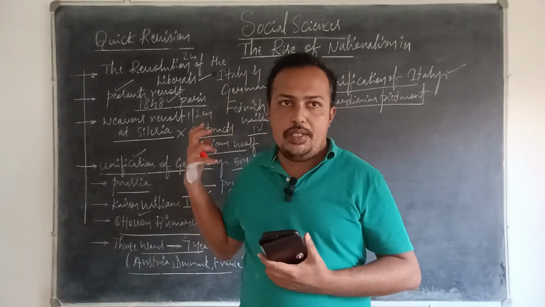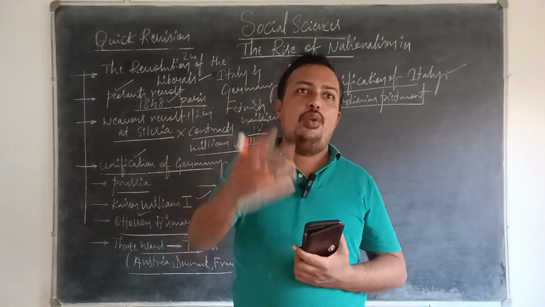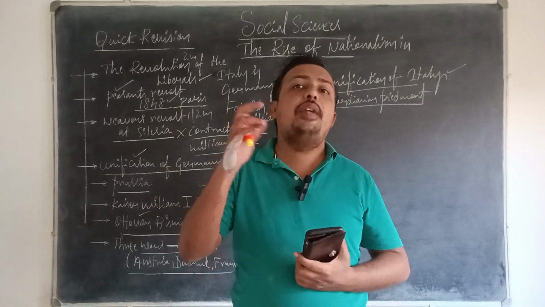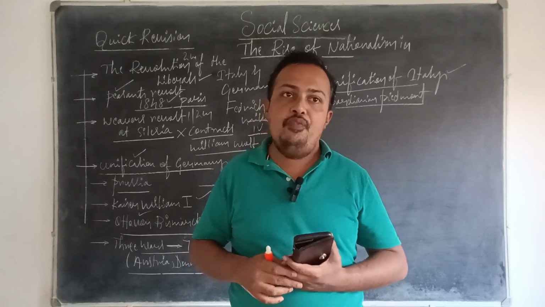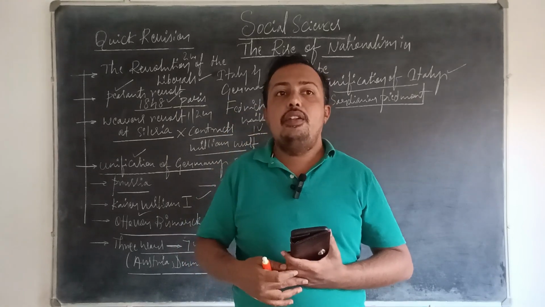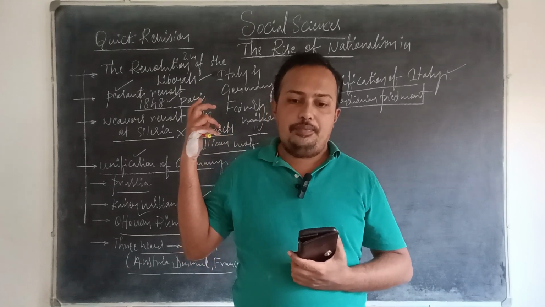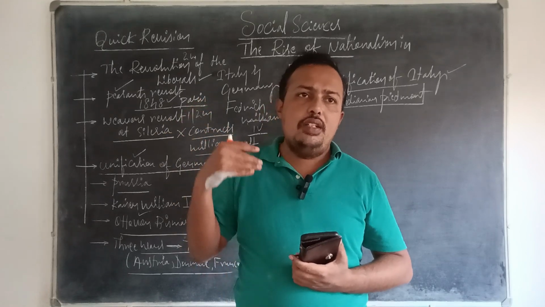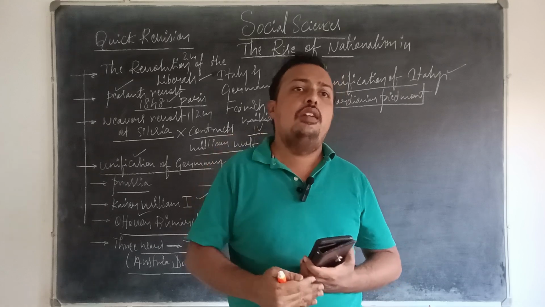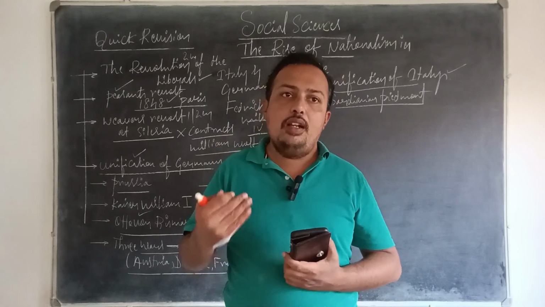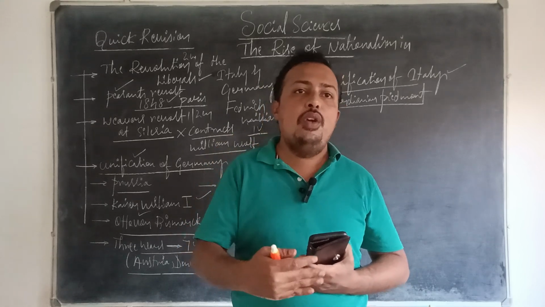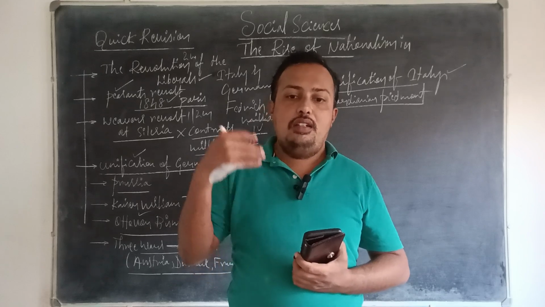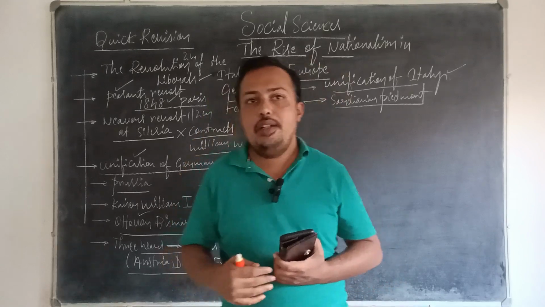Giuseppe Mazzini, whom we studied, laid the foundation for the dream of making Italy into a nation state. He established Young Italy. Regarding Giuseppe Mazzini, we already discussed. This dream couldn't be fulfilled by him, but the responsibility of fulfilling the dream fell on the shoulders of Sardinian Piedmont.